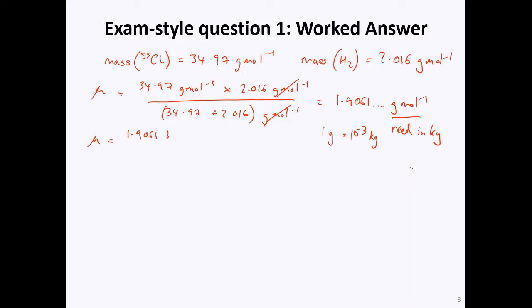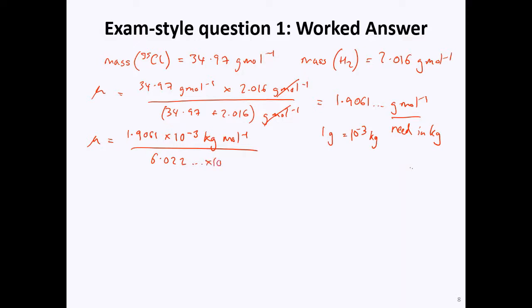So we can just substitute 10 to the minus 3 kilograms in place of grams. Oh, wait a minute, done that wrong, haven't I? So do that again: 1 times 10 to the minus 3 kilograms per mole divided by Avogadro's number, which is 6.022... I put a dot in again because you can of course get more decimal places for that.